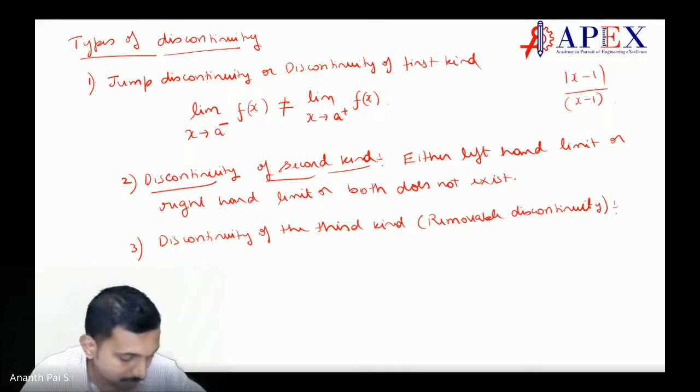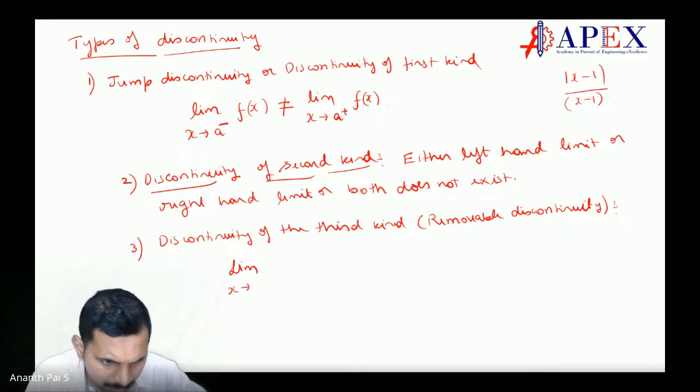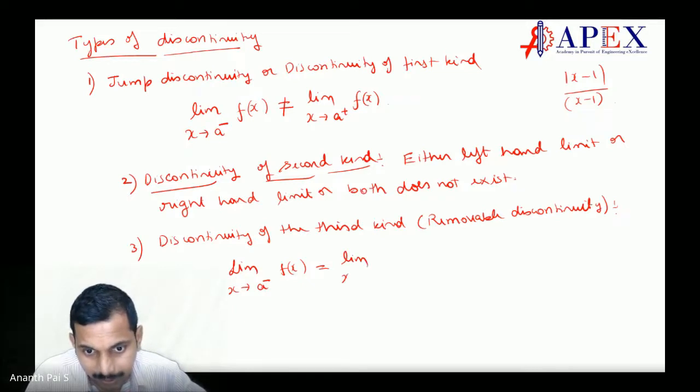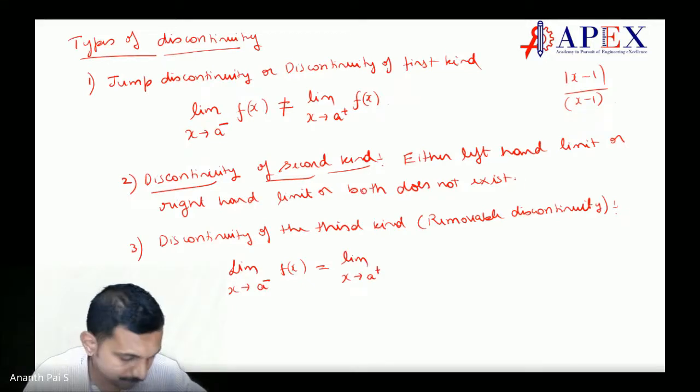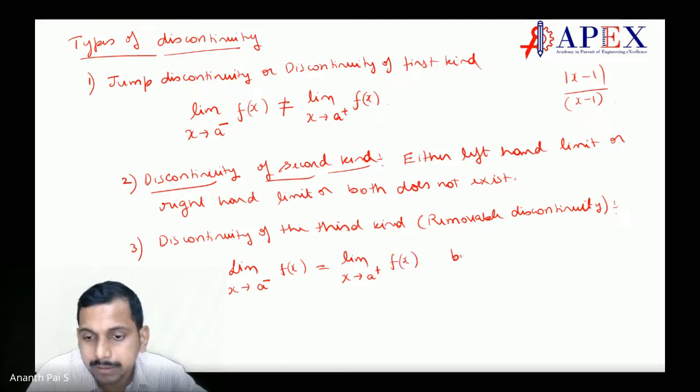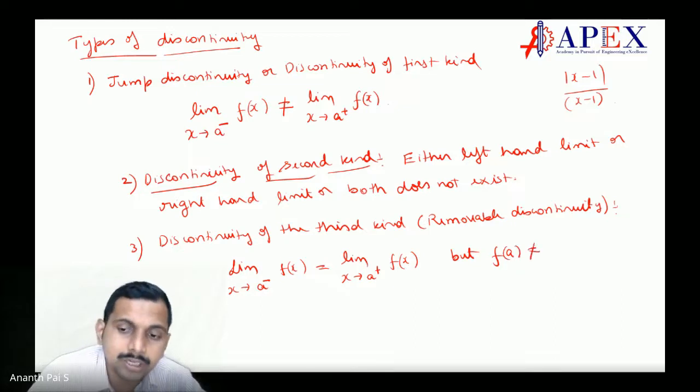This is called as limit x tending to a minus f of x is equal to limit x tending to a plus f of x, but f of a is not equal to f of x.